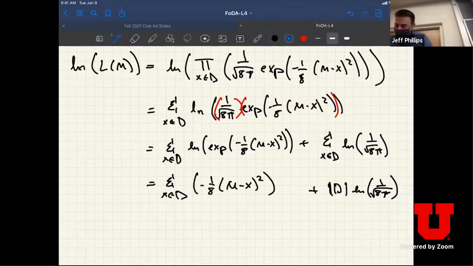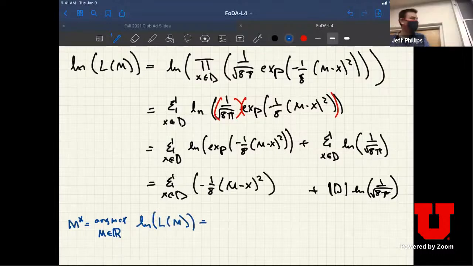Now I can write m star equals the arg max over m in the real numbers of the natural log of this, and this is going to be equal to the arg max over m in the real numbers.